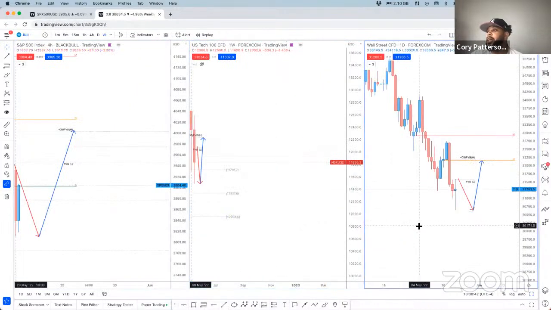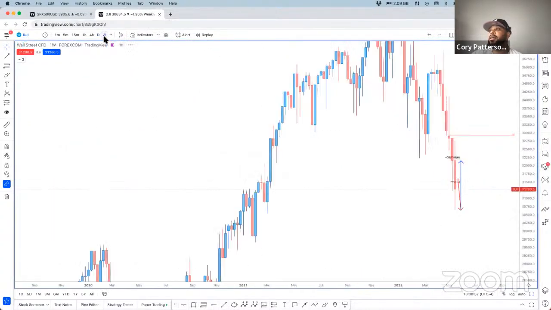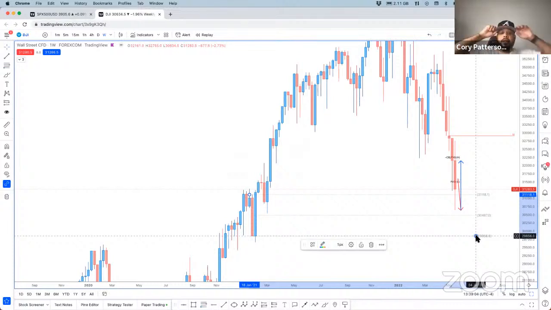So that means that US 30 should be at some type of point of interest on the higher time frame, right? So if we go to the weekly, look at where we are. I look at divergence a little different, because you can take RSI and look at divergence, or you can use order flow to see divergence.